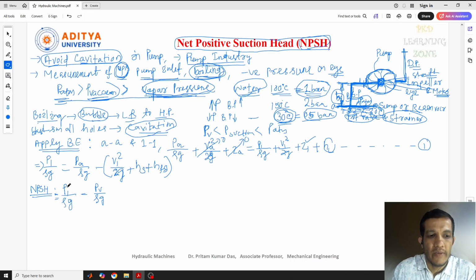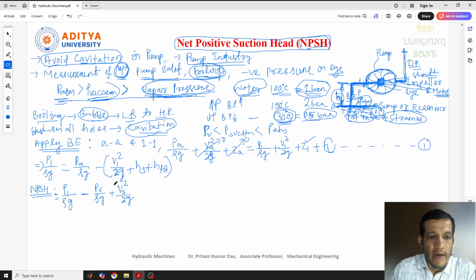Only pressure means P1 and vapor pressure means PV. When you talk about head, then rho g is divided. This is the absolute pressure head, this is the vapor pressure head, and the velocity head at this suction point also needs to be added. So we can write Vs square by 2g.